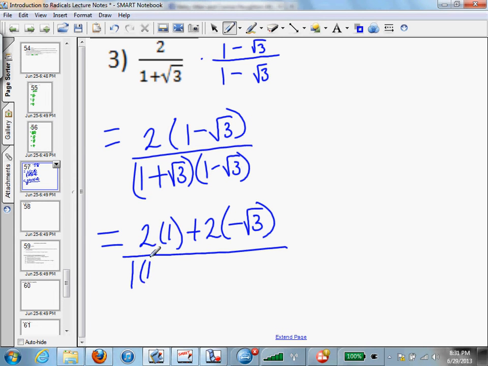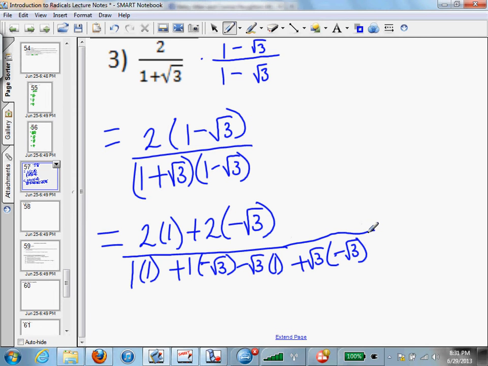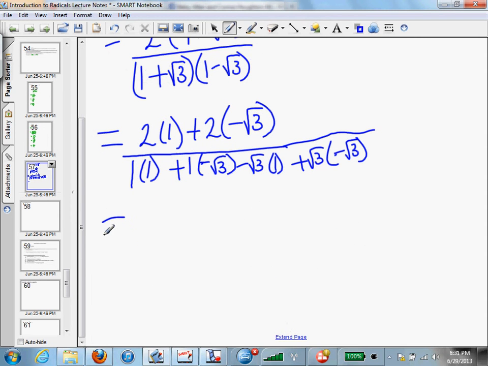So we'll start off with 1 times 1 plus 1 times a negative radical 3 plus radical 3 times 1 plus radical 3 times a negative radical 3. Let's go through and simplify.